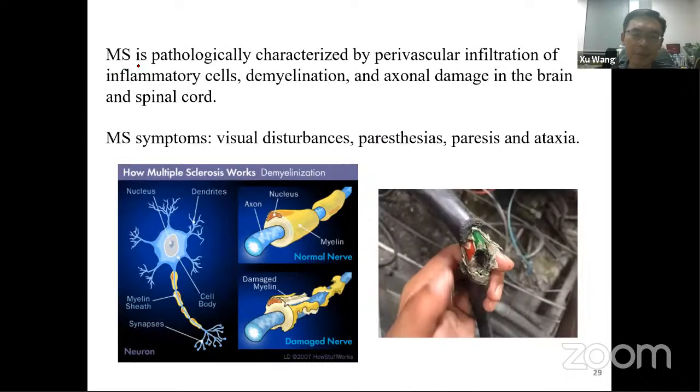MS is pathologically characterized by perivascular infiltration of inflammatory cells, demyelination, and axonal damage in the brain and spinal cord.